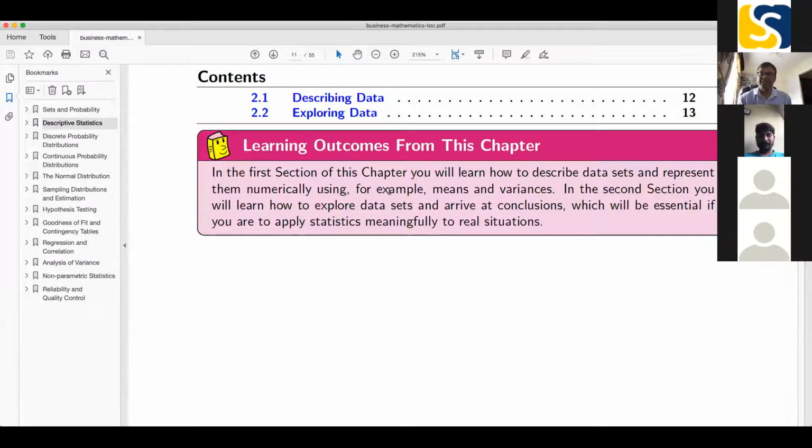We need to understand each one of them. Depending on the application and what is required, we may need to choose one out of the different descriptions of the data. Or if you want to explore whether the data gives a meaningful understanding, then we can explore the data as well.